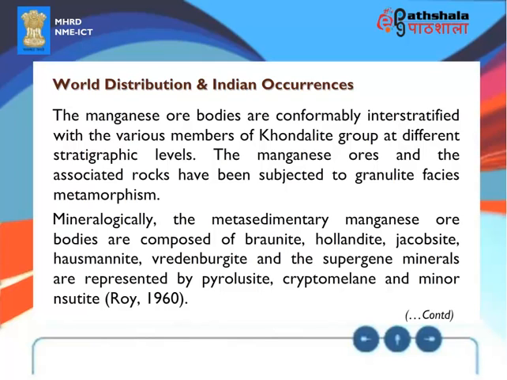Mineralogically, the metasedimentary manganese ore bodies are composed of braunite, hollandite, jacobsite, hausmannite, and friedelite, and the supergene minerals are represented by pyrolusite, cryptomelane, and minor nsutite. Roy 1960.